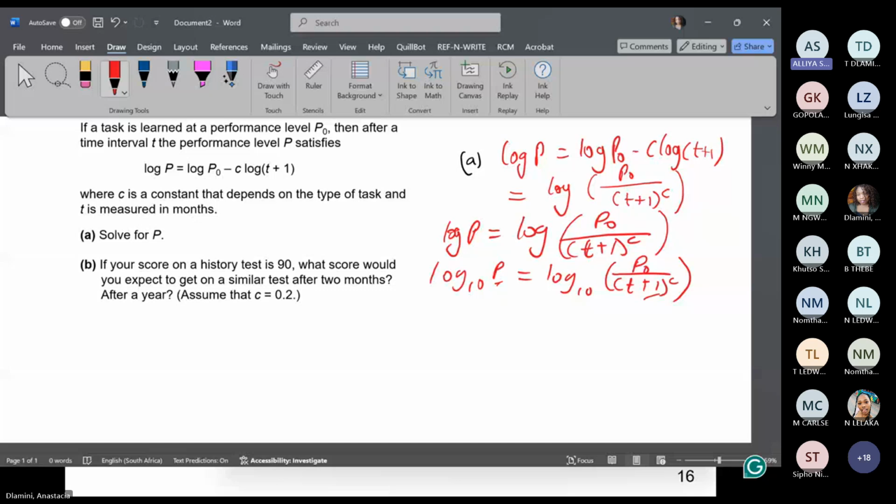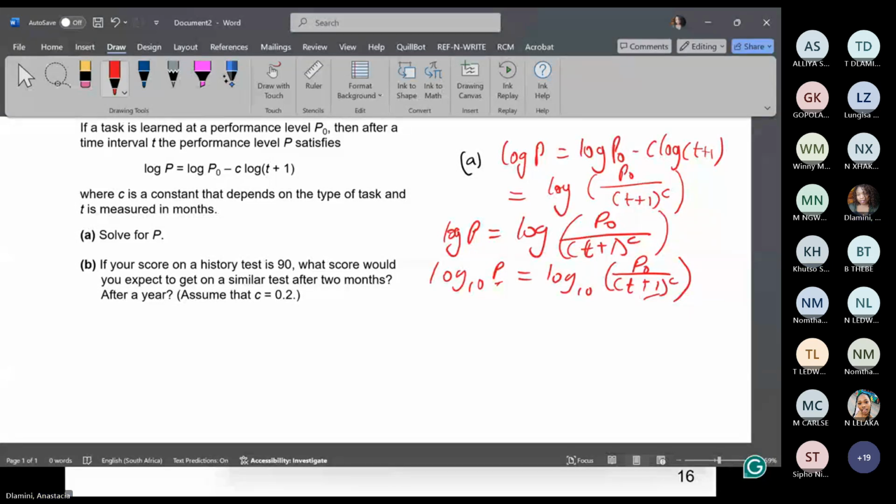Log A is log B equals log A over. No, don't lie. What law? You guys just learned the laws last time.